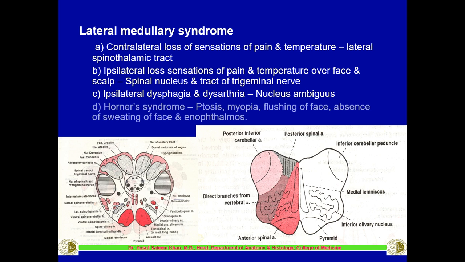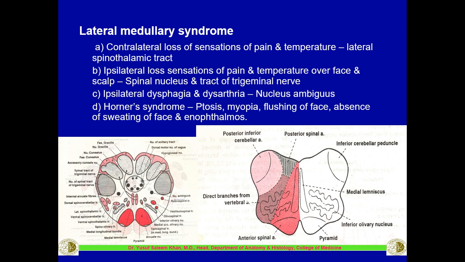Apart from that, you can also see the Horner's syndrome. The Horner's syndrome is a syndrome with the following symptoms. One is ptosis. Ptosis means the eyelids are down. They are not in the normal position, but they are covering half of the eyeball.